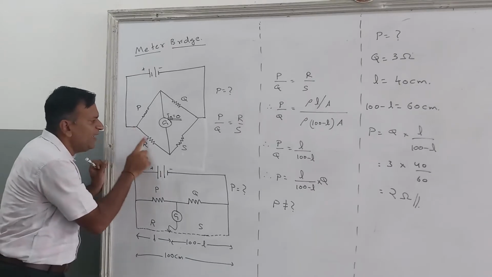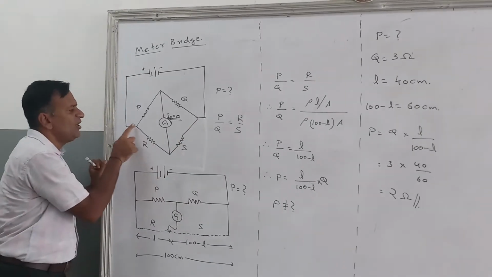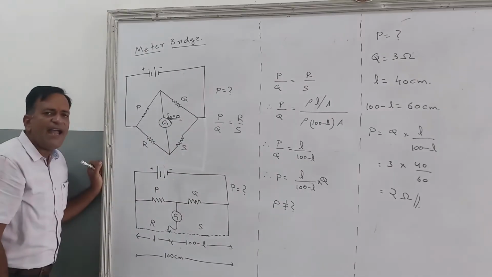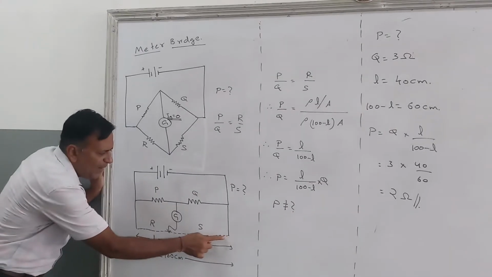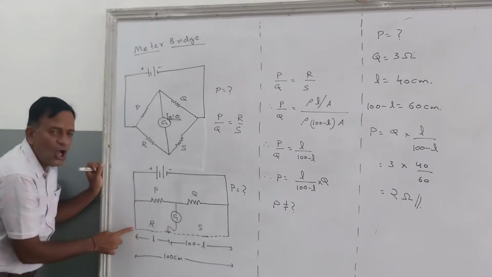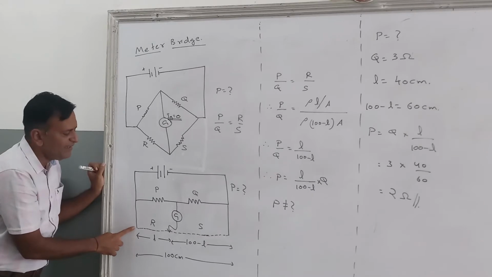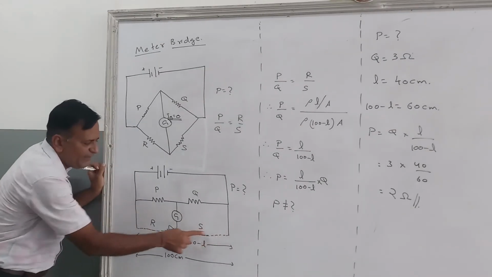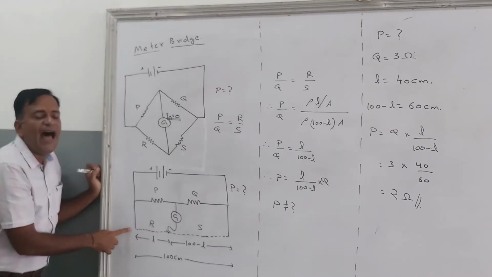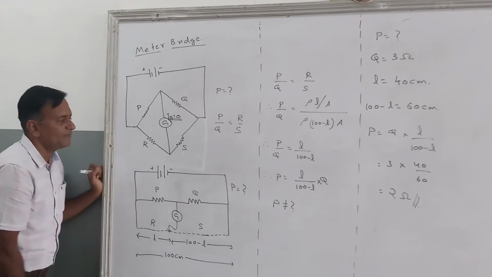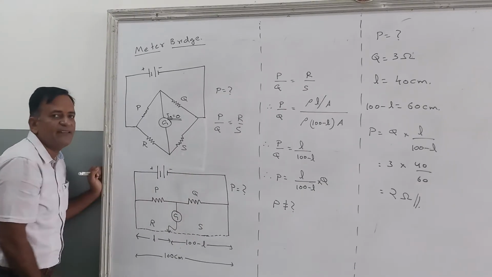Instead of this part, I have a single piece of high resistance wire. What is this dotted line? This is a high resistance wire instead of R and S.